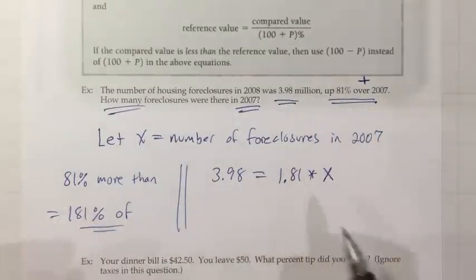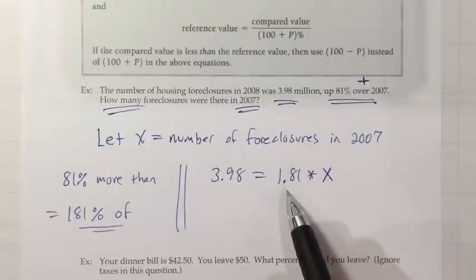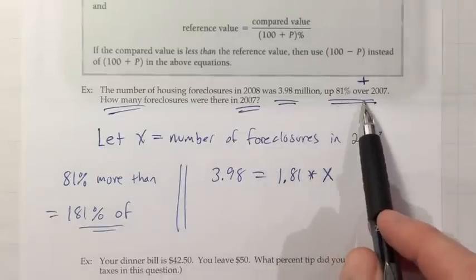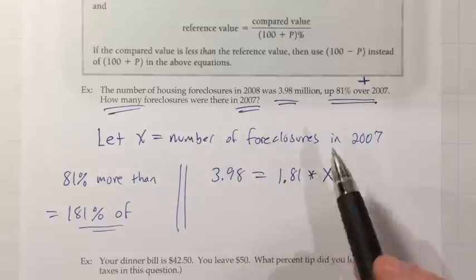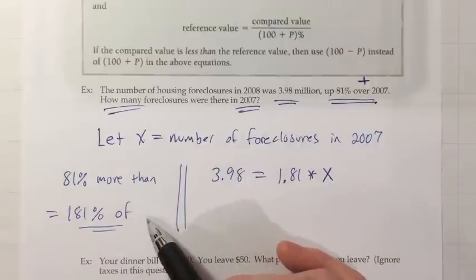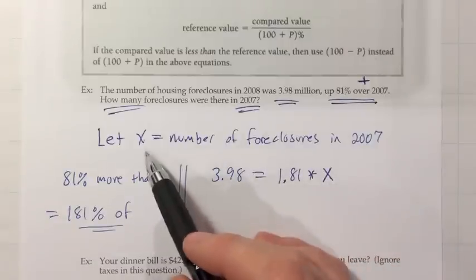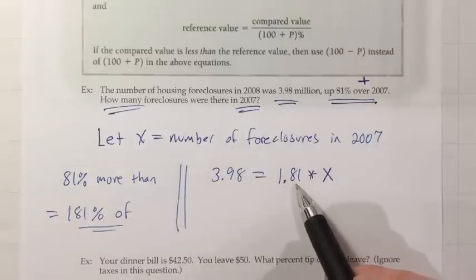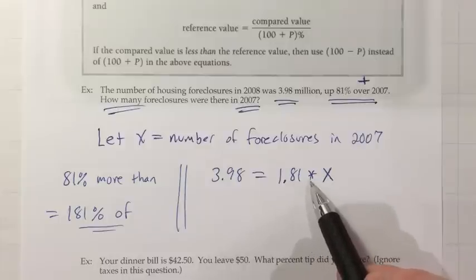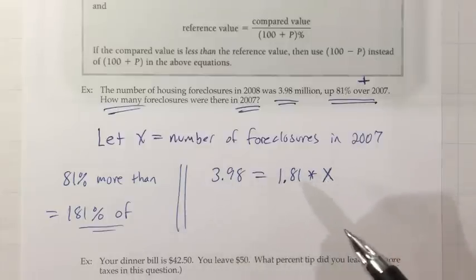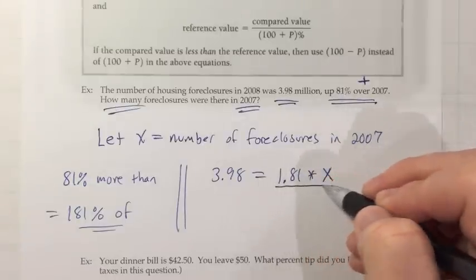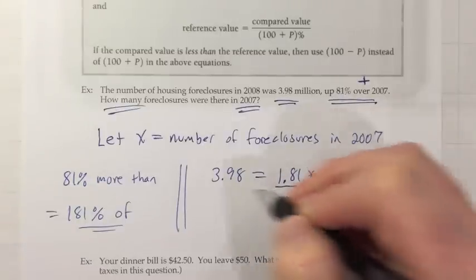So the key step here, we'll do the algebra to finish this off in a second, but when they said 81% more, I'm saying that's 181% of, and that's of what? Of the older reference value, which was our x. So 1.81 times the old value is equal to the new value. And then the algebra to finish it off is just to divide both sides by 1.81.